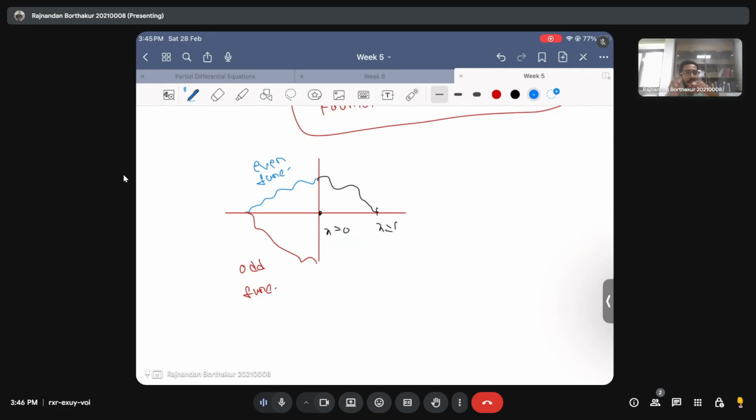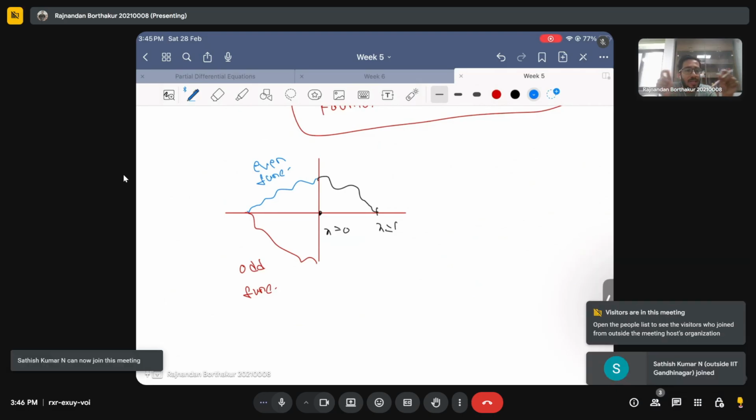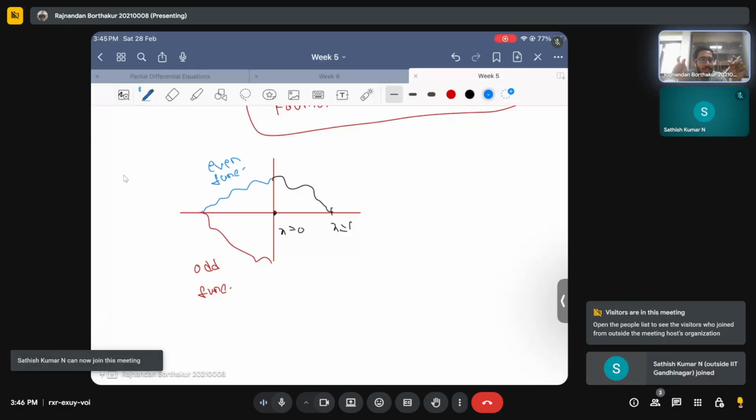So I actually don't care what the function does in the interval that is outside my domain, and I don't actually have that at my disposal, right? So what I can then do is make the function behave like an even function or an odd function, whichever way is suitable for writing the Fourier series.